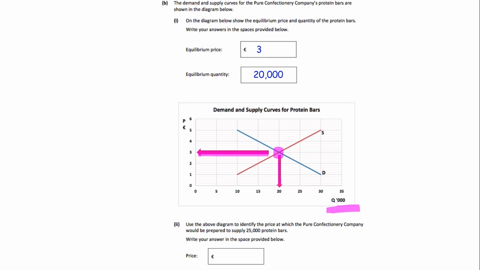Number 2 then, use the above diagram to identify the price at which the pure confectionery company would be prepared to supply 25,000 protein bars, and write your answer in the space provided. Well, we're asked what they would be willing to supply, so we're going to look at the supply curve.